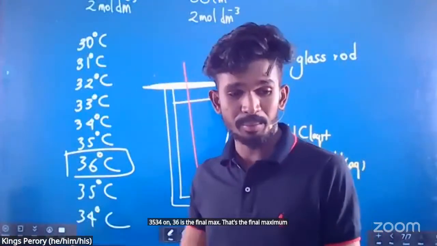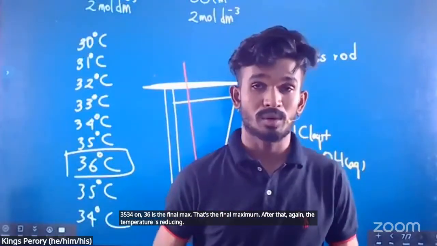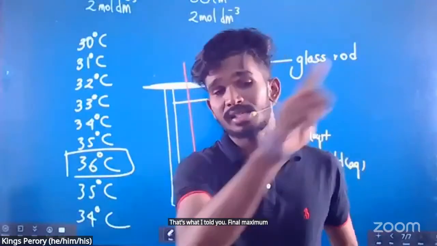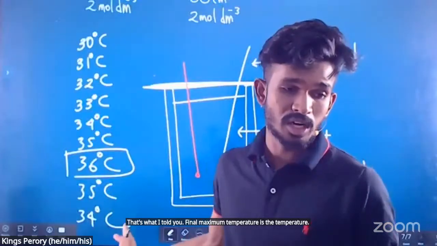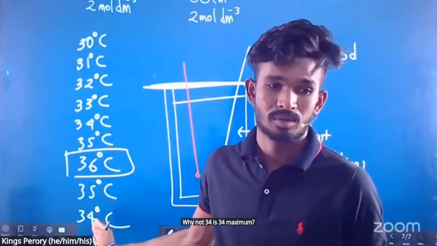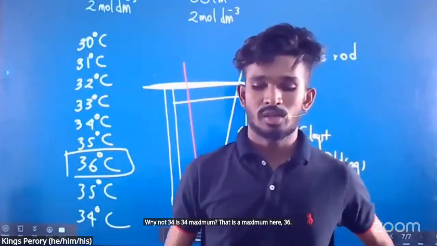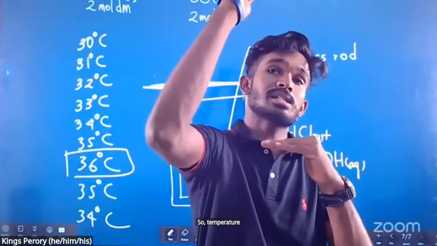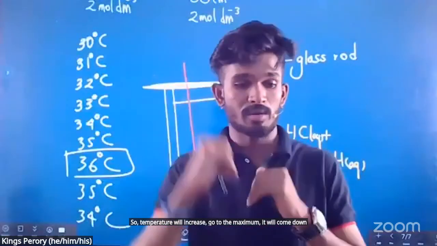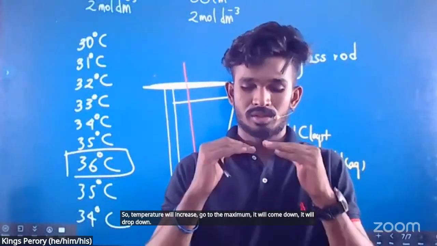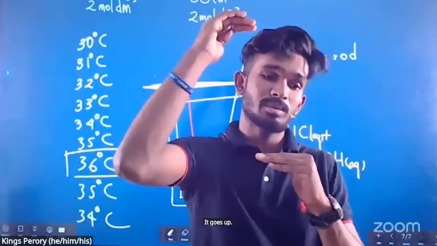After that, again, the temperature is reducing. So that's what I told you. The final maximum temperature is the temperature at the peak. Why is 34 not the maximum? There is a maximum here, 36. So the temperature will increase, go to the maximum, then come down. It goes up, you take the final maximum, then it drops down.